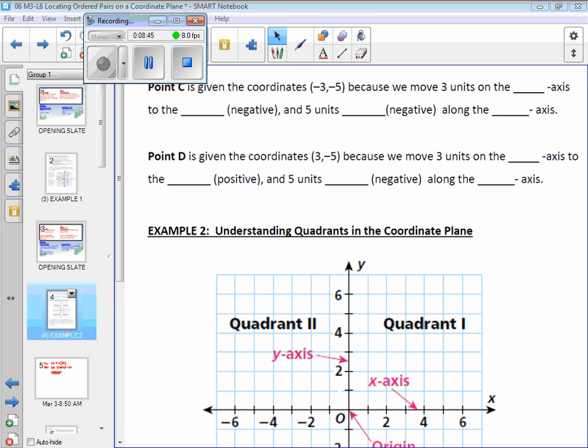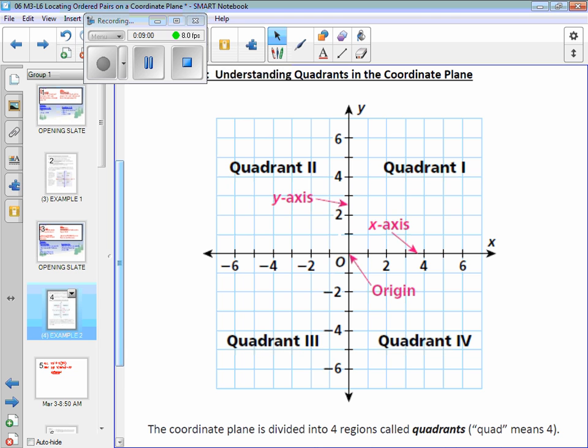The biggest thing to understand with lesson 6 is you have to understand the quadrant numbers and how to read coordinate points. That's really the essence of lesson 6. The coordinate plane, when you divide it up by the x and the y axis, breaks up the plane into what's called 4 quadrants. Quadrant 1 is the upper right-hand quadrant.